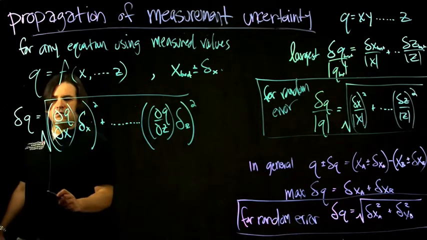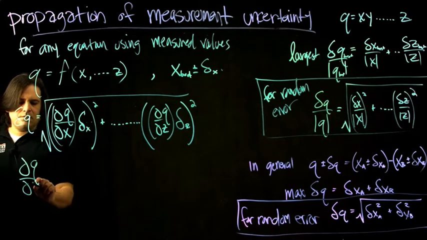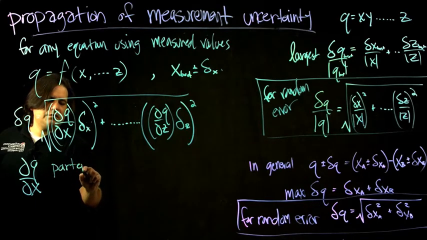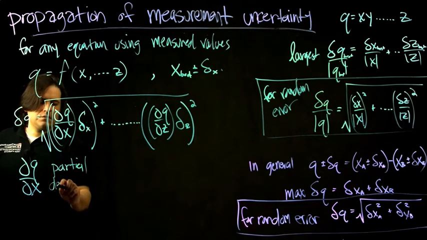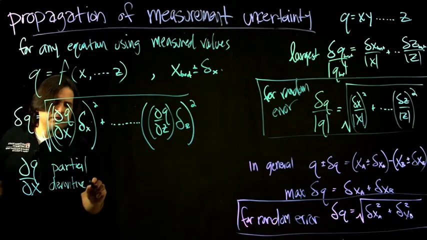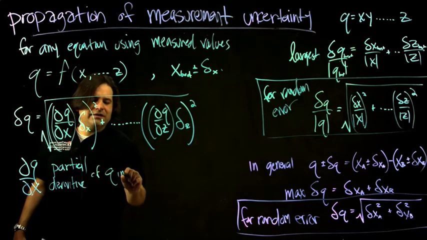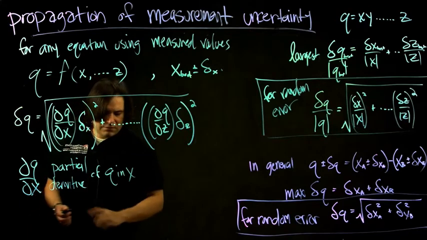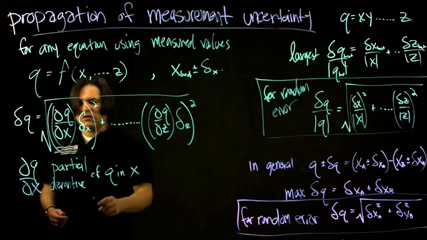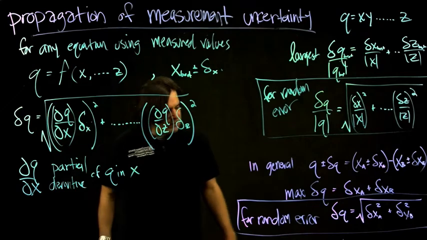So this is the partial derivative of Q in X. So there's an equation Q that has a variable X, and you look for all the X's and you analyze the derivatives of that, keeping everything else constant.